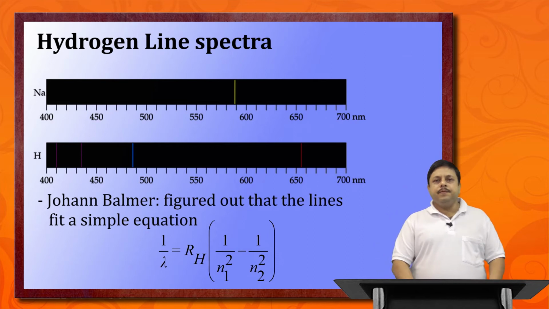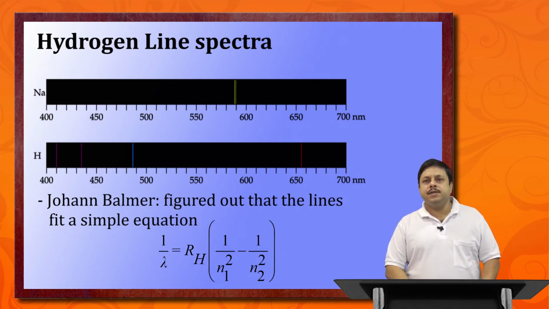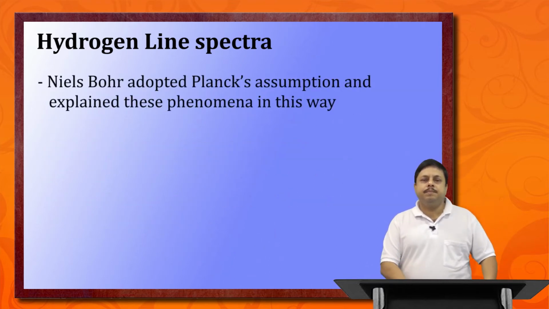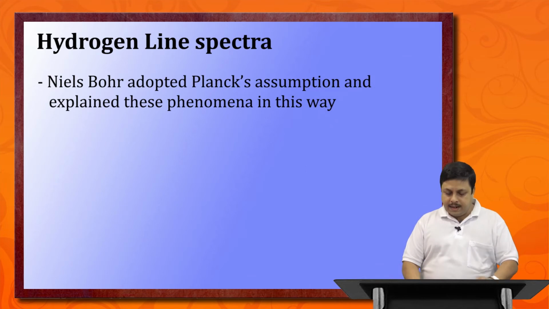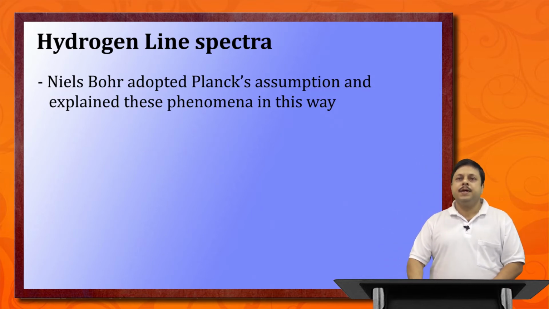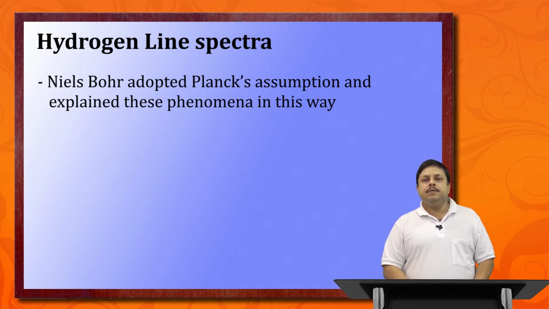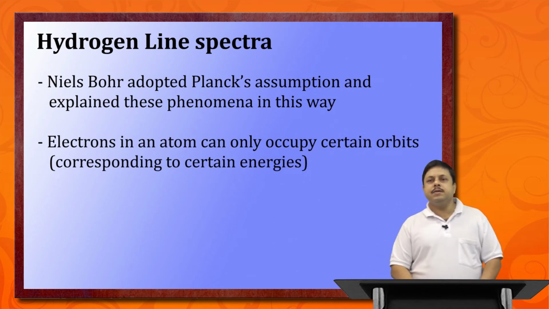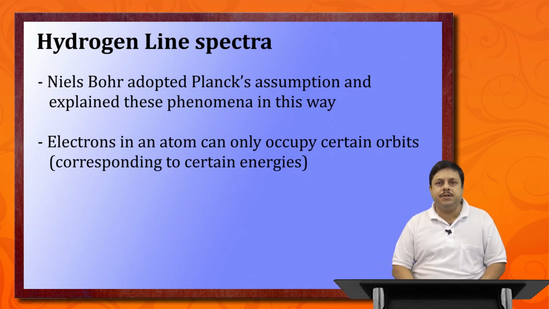This problem was taken up at a later stage, in 1913, by Niels Bohr. Bohr adopted Planck's idea that energy can only be absorbed or emitted in packets, or quanta, and he could explain that electrons in an atom can only occupy certain orbits corresponding to certain energies.